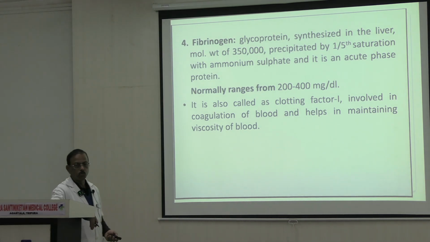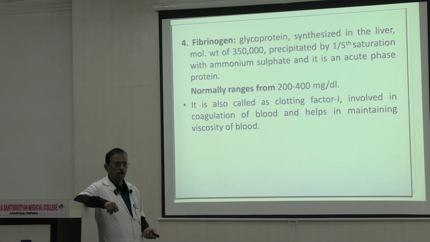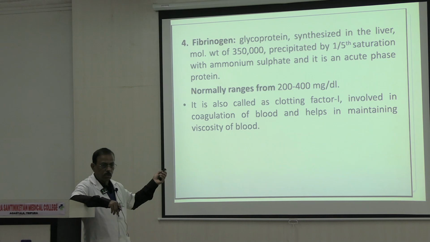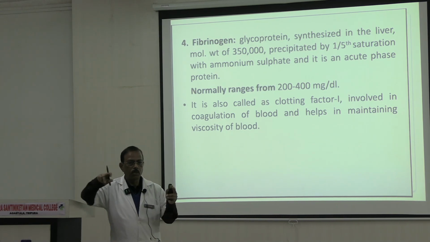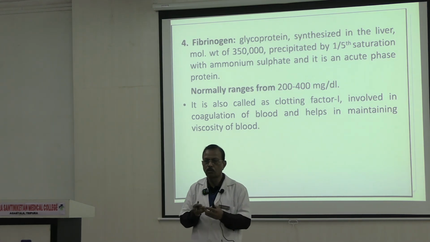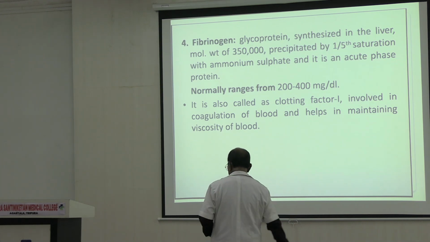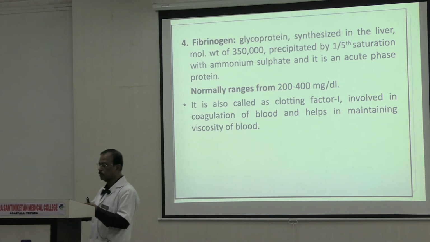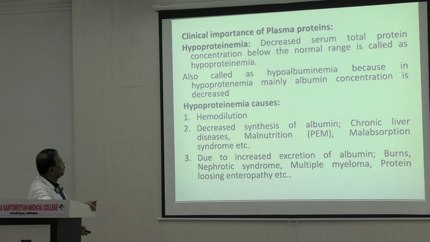In coagulation, fibrinogen is acted upon by thrombin and converted into fibrin. Multiple fibrin molecules bind together to form a fibrin mesh, and that will stop the bleeding.